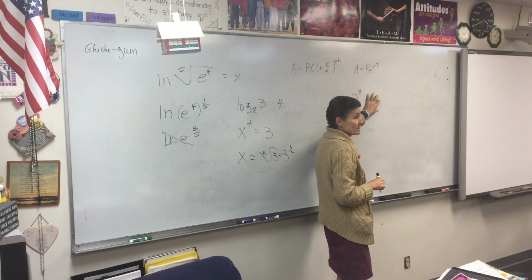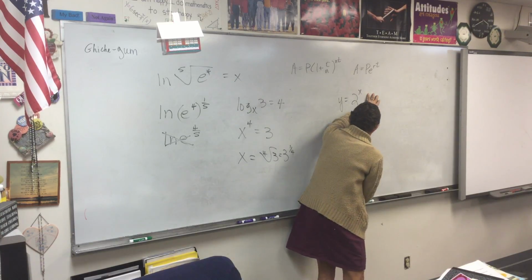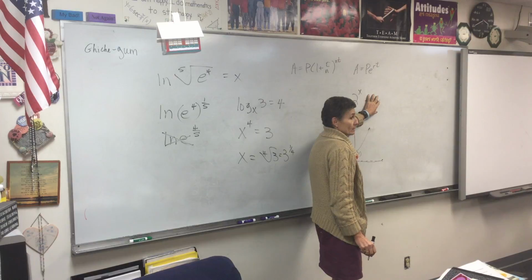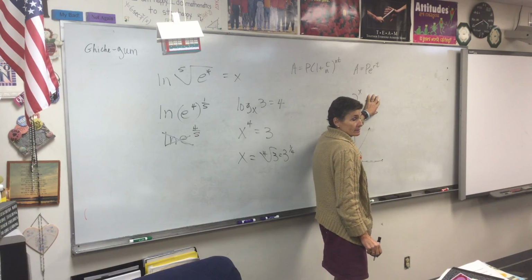It's an exponential. What's an exponential look like? It has an asymptote right here and looks like this. That's the point 0, 1. Okay, how do we know that?